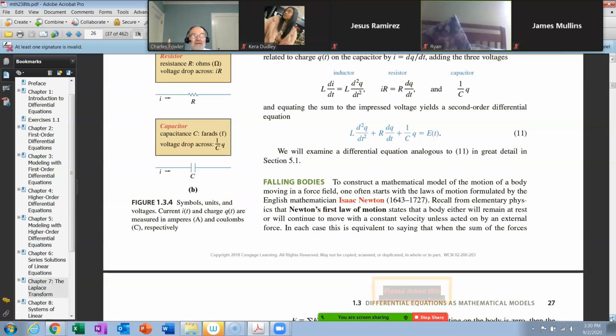Now, when they were first discovering that electricity influences magnetism, and magnetism influences electricity, a very famous, very brilliant Scottish physicist named James Clerk Maxwell, now it's spelled C-L-E-R-K, it looks like it's Clerk Maxwell, it's actually James Clerk Maxwell, came up with a mathematical model describing what he thought was happening.